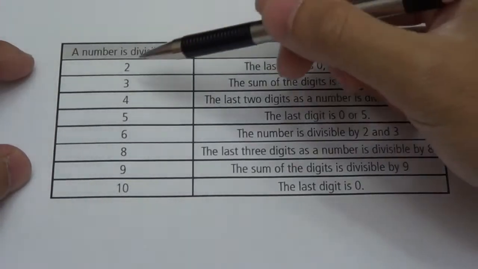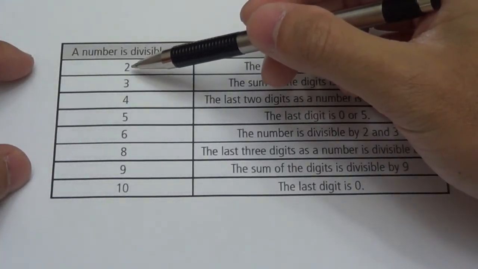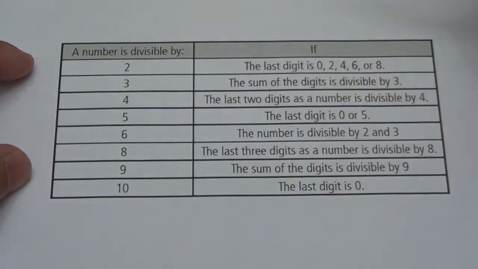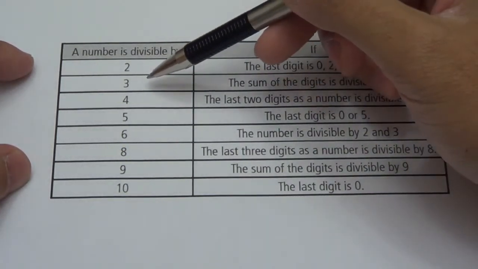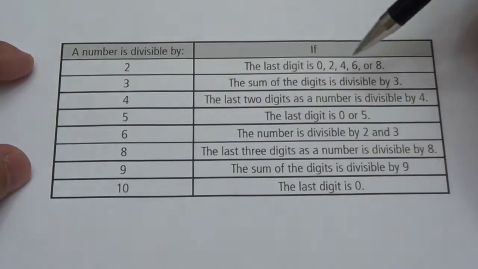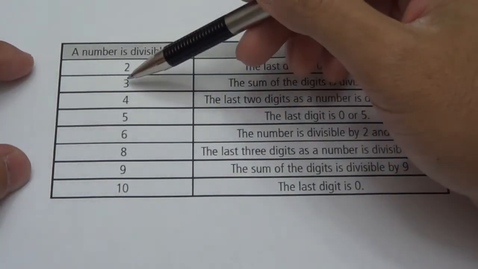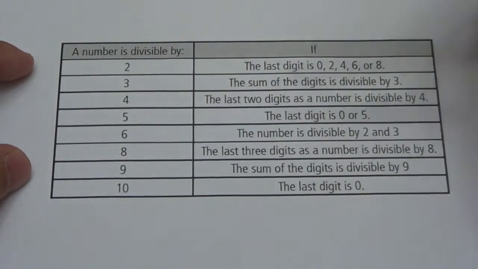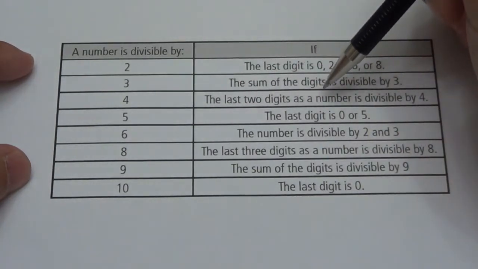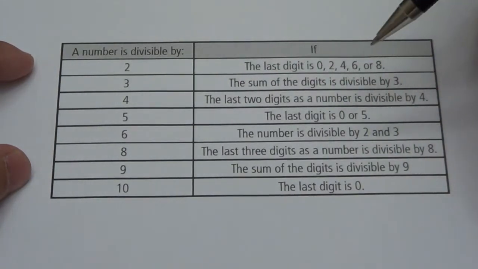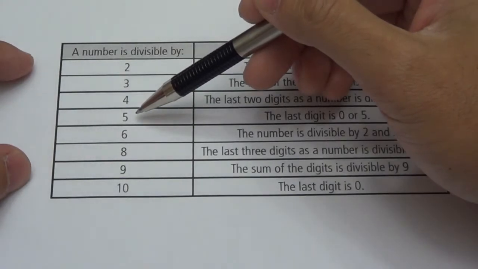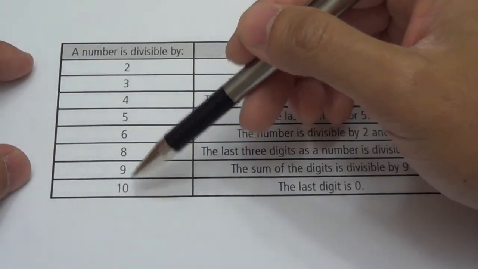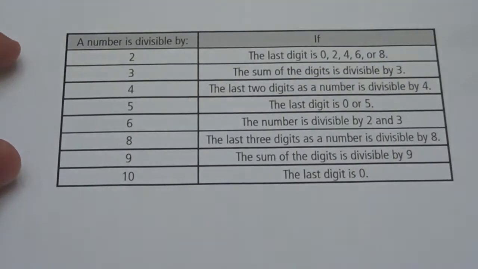All right, so 11 cannot be divided by 2 because it is not an even number. The sum of the two digits is 1 plus 1 equals 2, which is not divisible by 3, so 3 is not possible. The last two digits as a number is not divisible by 4, and I do not need to keep on going because all of these numbers will be too big.